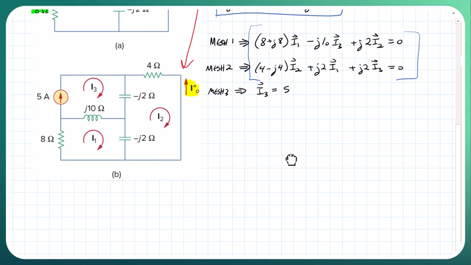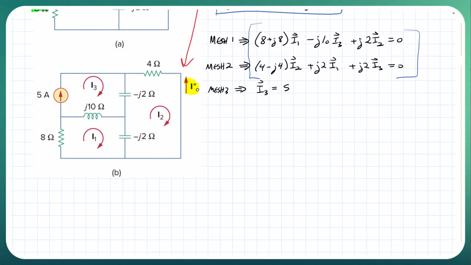So let's simplify this a little bit more. We have 4 minus j4 I2 plus j2 I1, and in this case I3 is going to be 5 for the third component, so it's going to be j2 times 5, which is j10, equals 0.